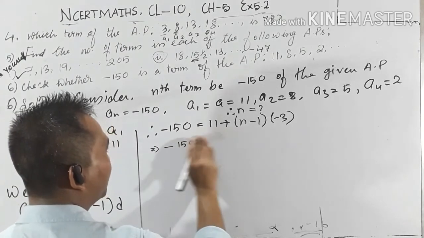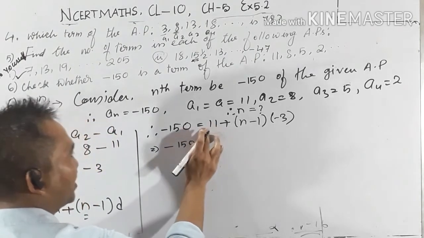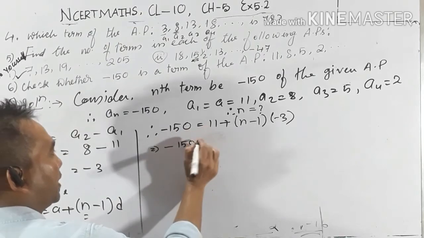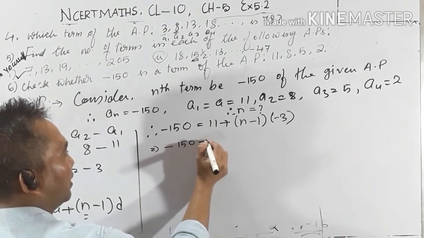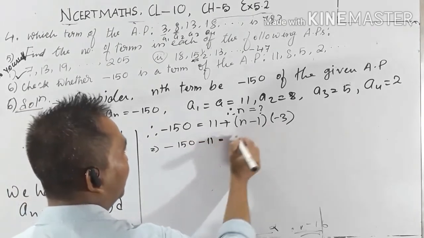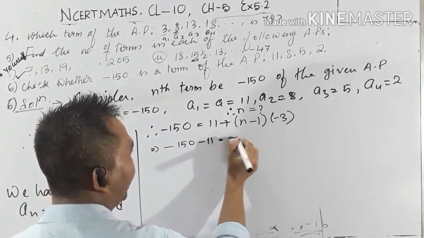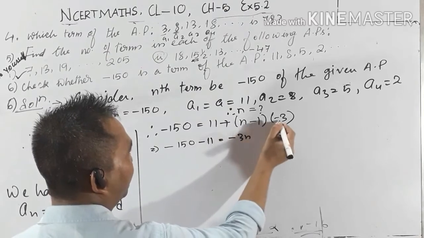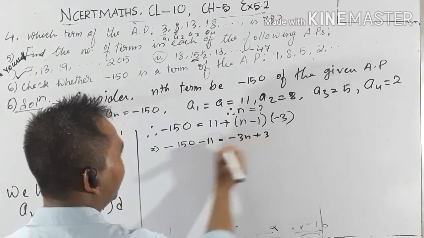Okay, let us transpose this. On transposing, it is positive, and the other term will become negative. So n into minus 3 is minus 3n, and minus into minus is plus 3.